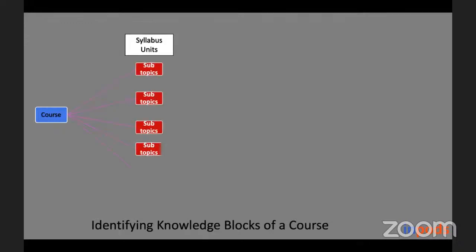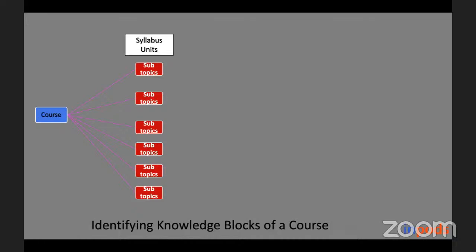Let us now think about, each one of you, your own course that you teach this semester. Think about what units are covered in your syllabus, and open one unit box and start thinking about the subtopics that you cover in that unit. There may be six units in your course.